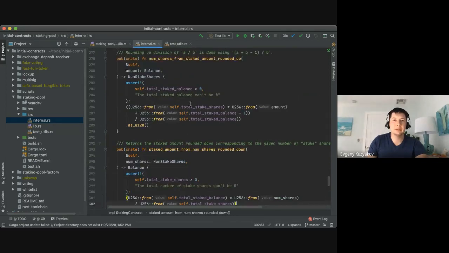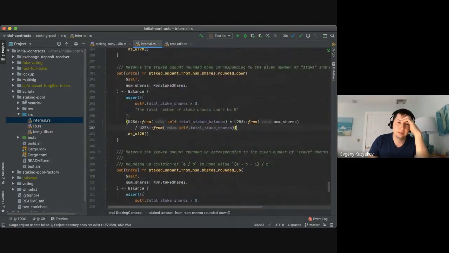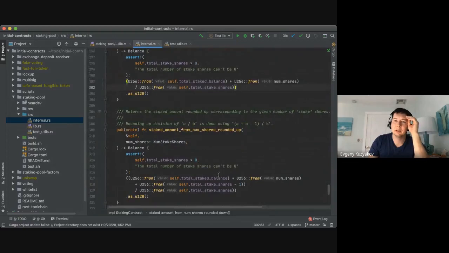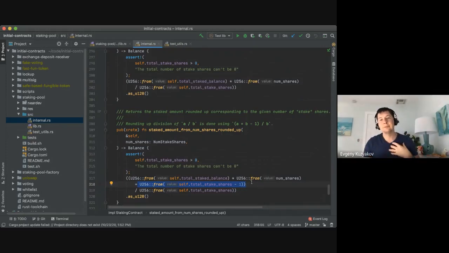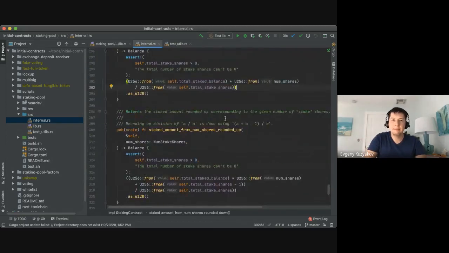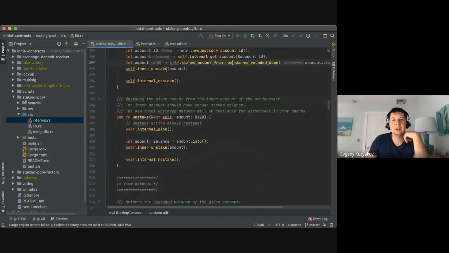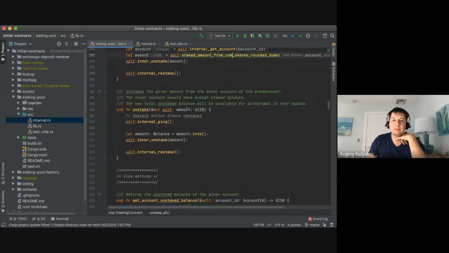The equivalent is the round up, but reversed, for the stake amount rounded up. Round up is very similar, except we do this hack that allows rounding up. And then we cast it back to U128. Okay. So this is the unstake call. Then we have an unstake action, which is very similar to the unstake call, except you pass the amount.